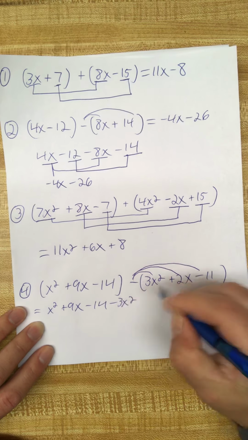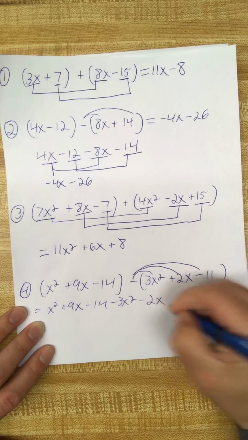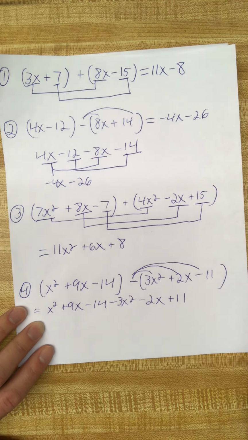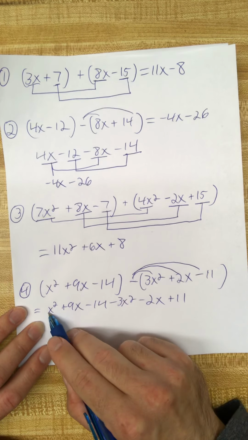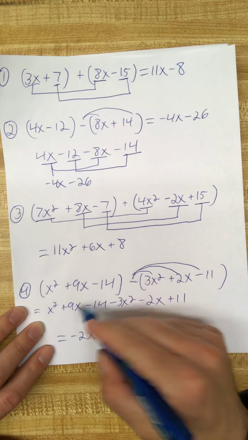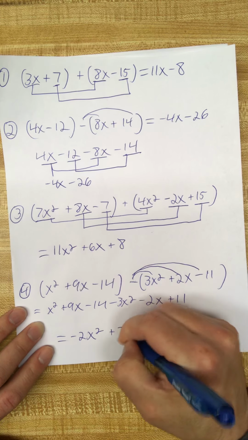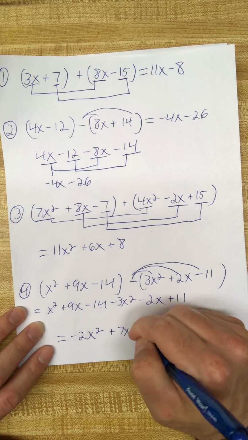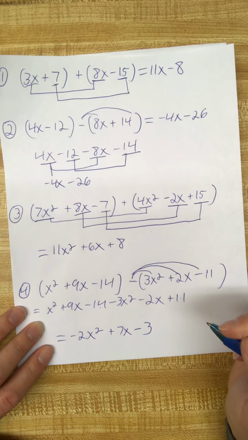Minus 3x squared. That'd be minus 2x. Then negative 1 times negative 11. There's going to be plus 11. All the signs change. So final answer, 1x squared minus 3x squared is a negative 2x squared. 9x minus 2x is 7x. Minus 14 plus 11 will be negative 3.